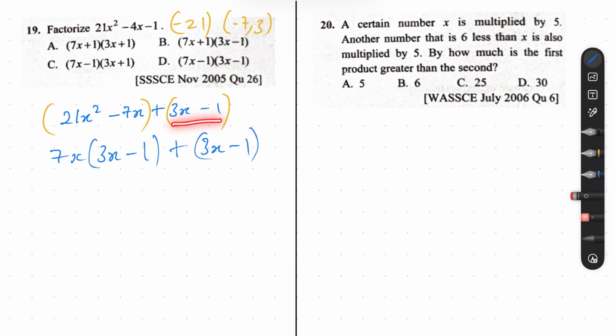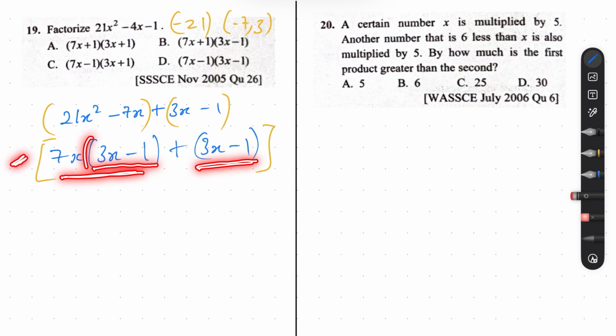Now looking at these two expressions, what factor is common? You have 3x minus 1 here, and you also have 3x minus 1 here. Since it's common, we can factor it outside the brackets.